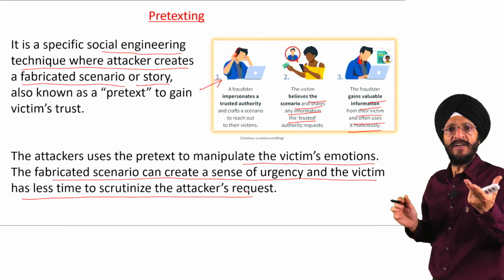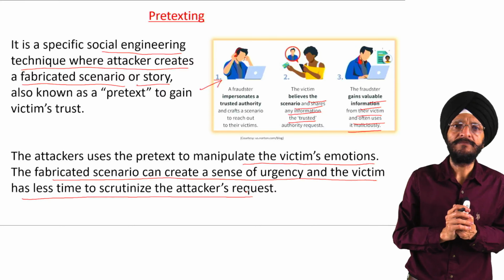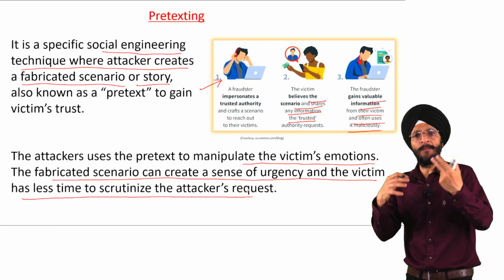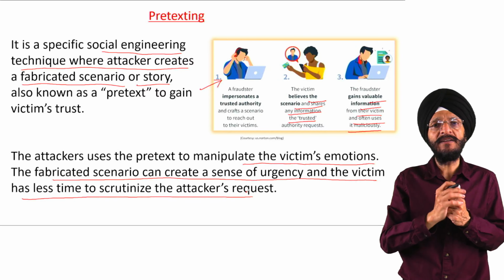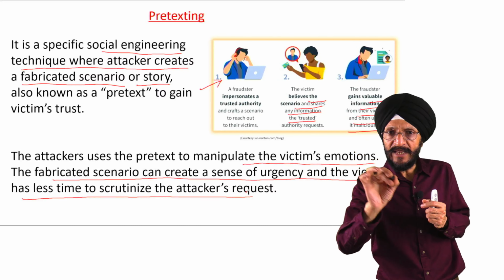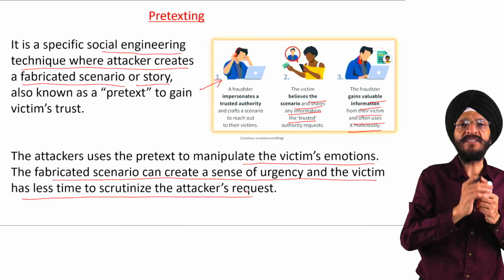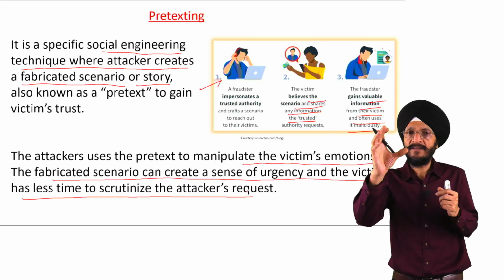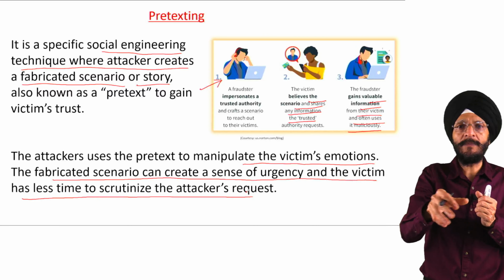You also think it proper that there might be some software update requirement, and the same is urgently required. You believe what the other person tells you. The other person may say that you should click on the link sent to you, or you may give remote access to the computer system so that they can update your computer system or your website.